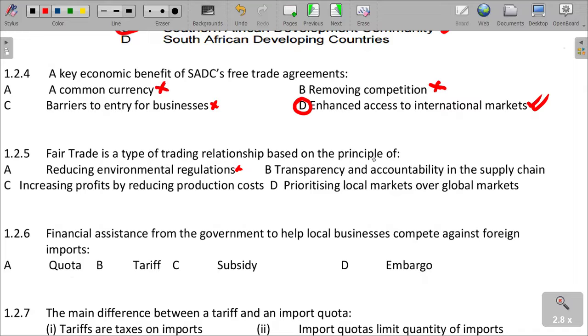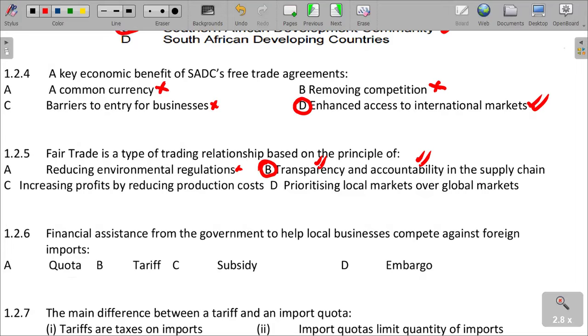It is actually transparency and accountability in the supply chain. Fair trade ensures there is honesty and accountability in the supply chain among the countries involved. When we talk about fair trade, transparency and accountability remain the key.